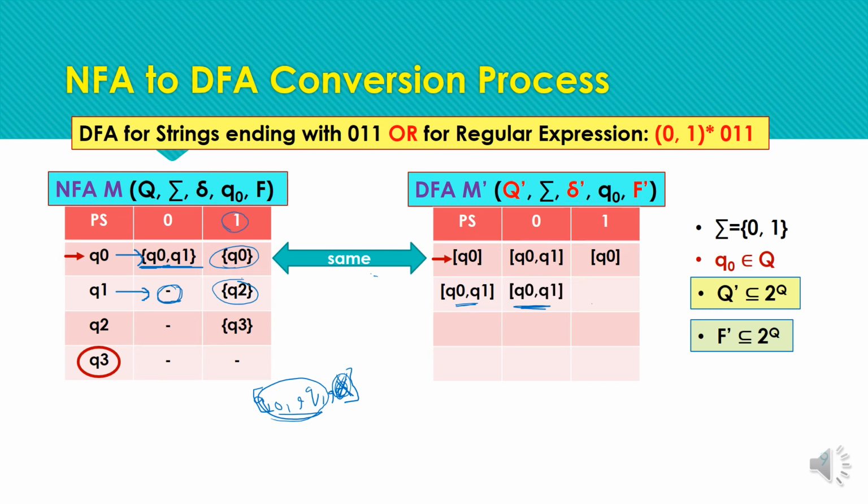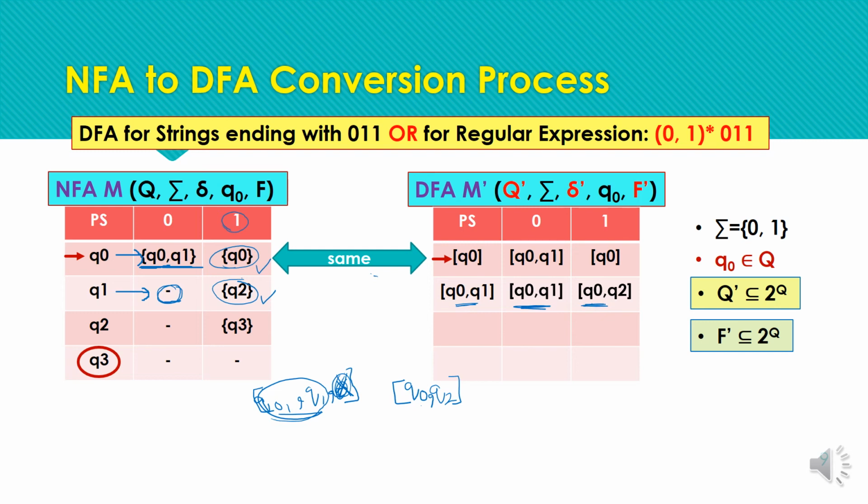So here, we get Q0 from this transition and Q2 from this transition of input symbol 1. So the resulting state comprises two states, Q0 and Q2. We can write the same over here.